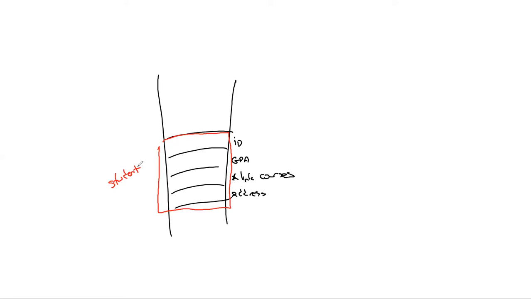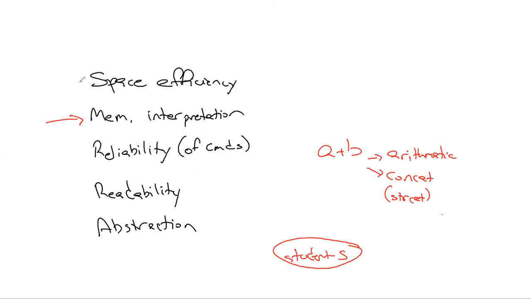We can catch a lot of mistakes. We can make programming a lot simpler, a lot more readable by adding this kind of type abstraction. But that is not the purpose of the type systems. All these are obviously benefits, which is absolutely great. But the actual real purpose of the type system is to give memory interpretation. We should know what the memory has and not just make all kinds of assumptions.